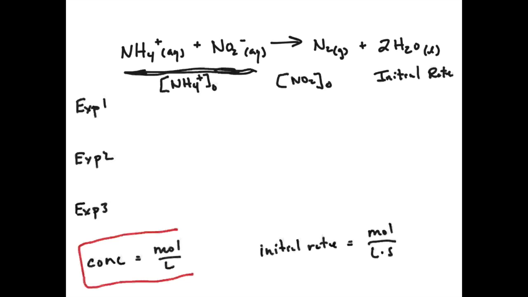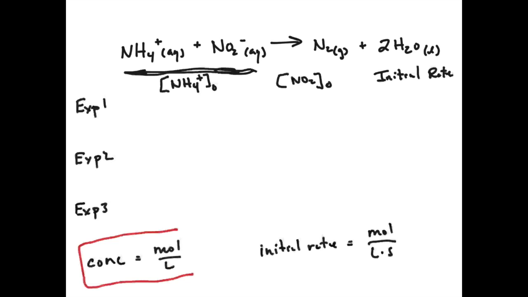This unit is seconds for what we have right now. So here is our experimental data for 3 experiments. We see that we have molarity for the ammonium, nitrite, and also the initial rate of the reaction itself.